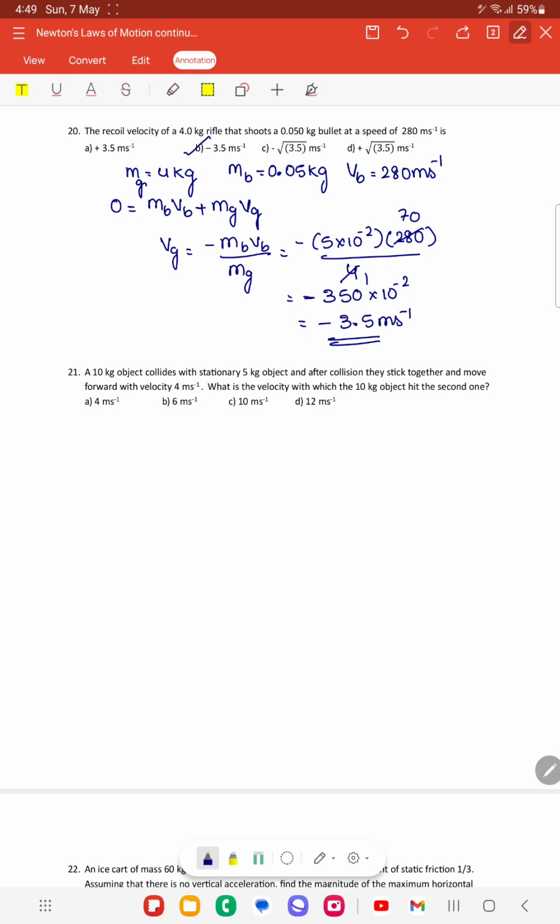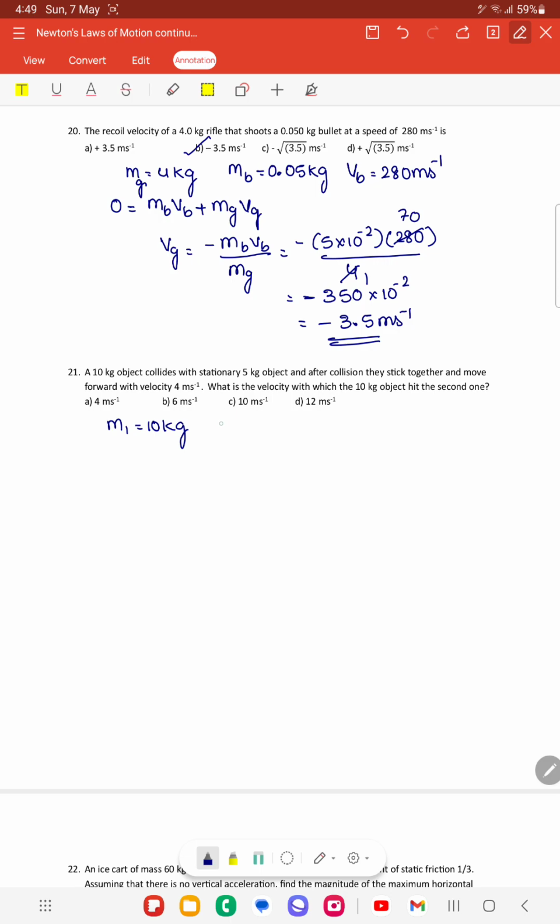Question number 21. A 10 kg object collides with stationary 5 kg object, and after the collision they stick together and move forward with a velocity of 4 meter per second. What is the velocity with which the 10 kg object hit the second one? So here let us consider m1 is equals to 10 kg, then the stationary object.